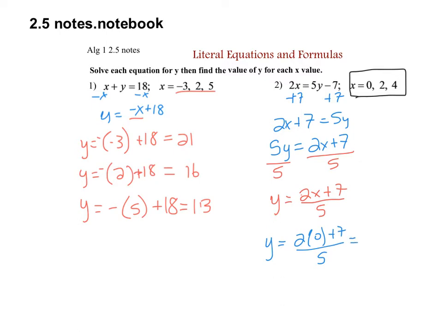That's going to basically be 7/5, because 2 times 0 is 0, plus 7 is 7, divided by 5.